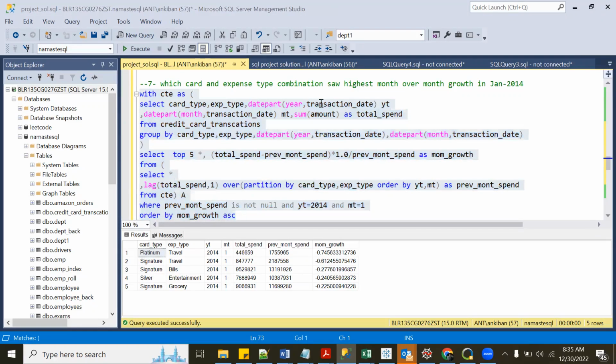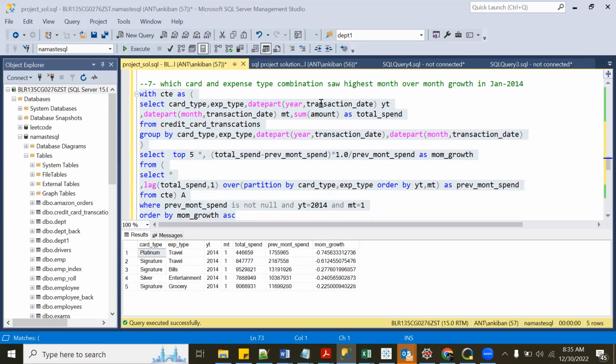Sir, I've done it in a different way, but I'm getting different answers. Sir, can you see in the chat box? Okay, let me check it quickly. So I think you are a big fan of CTEs. So card type, month, year, sum of amount. Okay, this is fine. You are just filtering on 2013 and last month, and this is also fine, filtering at the initial level only. Good.